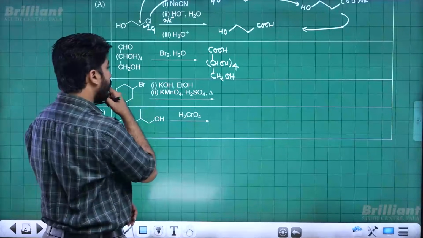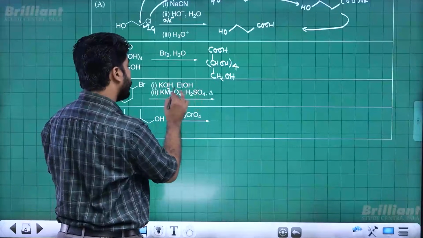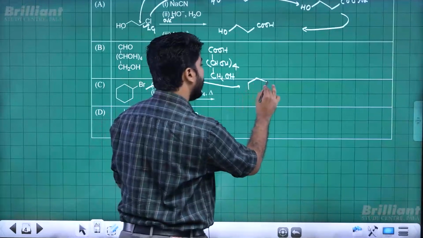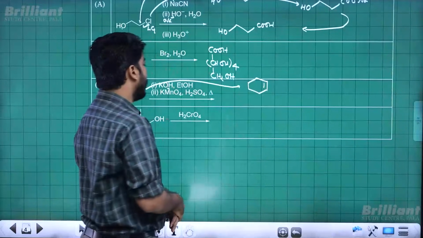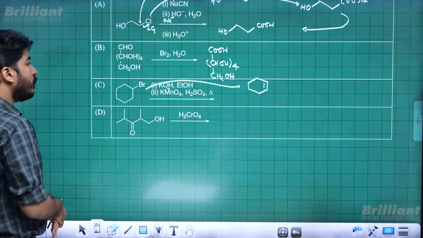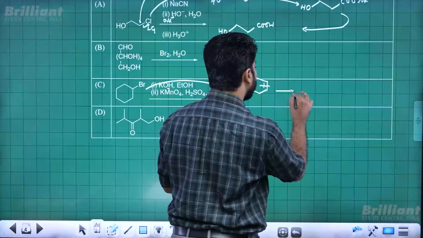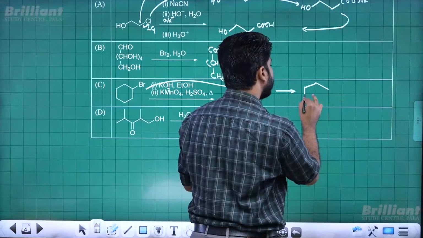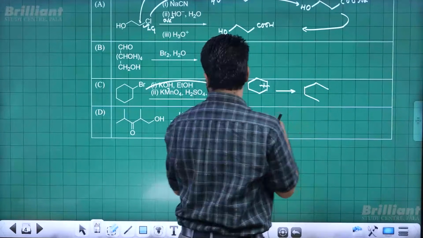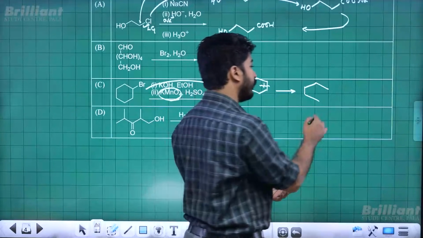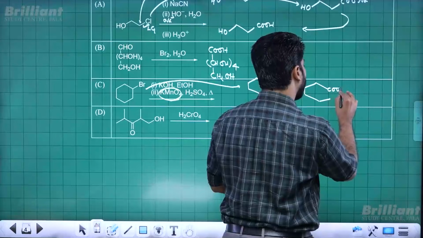Next, a secondary haloalkane is given, alcoholic KOH is applied, elimination reaction will occur to form an alkene. So that is an E2 elimination reaction. Now KMnO4, H2SO4 with heating, oxidative cleavage will occur. Firstly, an aldehyde forms, which, because this is a strong oxidizing agent, further oxidizes to a carboxyl group.